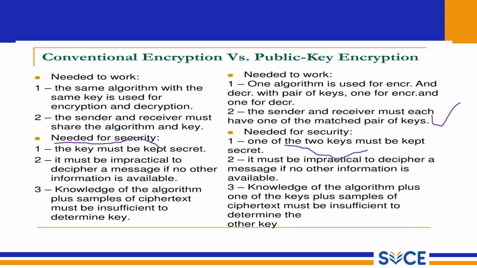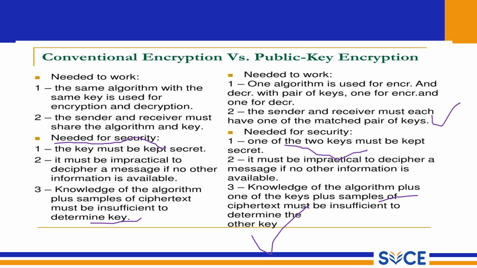And the third point is that knowledge of the algorithm plus samples of the ciphertext must be insufficient to determine the key. In public key encryption, knowledge of the algorithm, along with one of the keys, plus samples of ciphertext must be insufficient to determine the other key. So this is the main difference between conventional encryption and public key encryption.